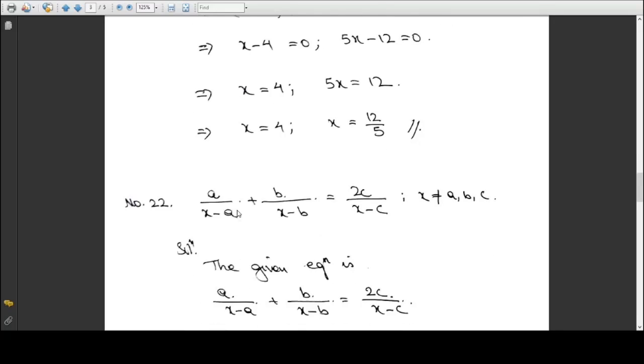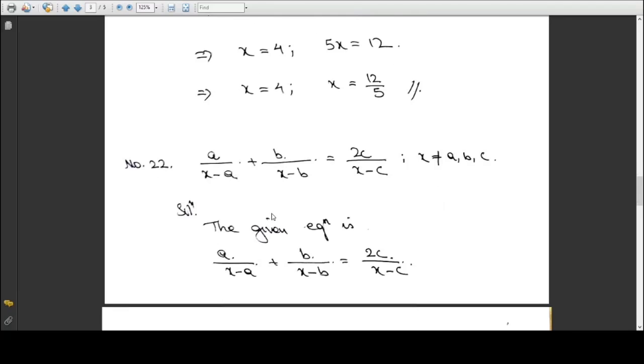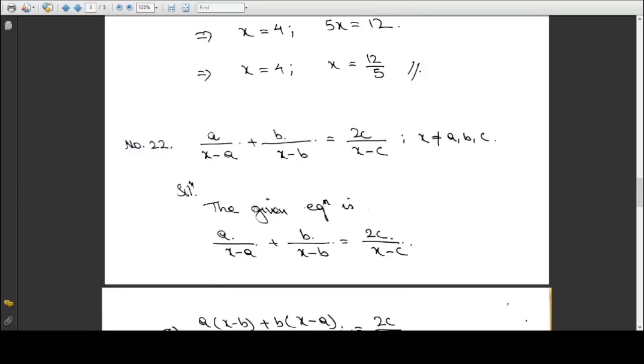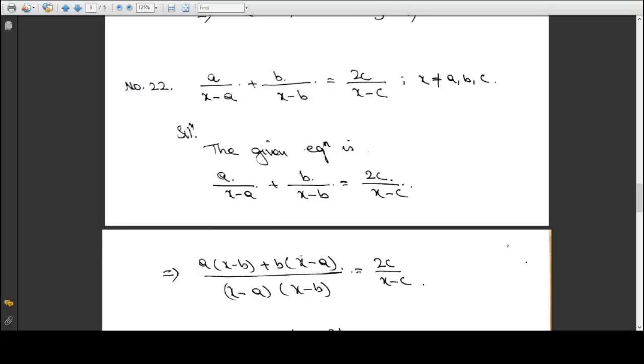Now we move to the next problem, number 22. The equation given is a over x minus a, plus b over x minus b, equal to c over x minus c. The same procedure applies, it is just a matter of simplifying.